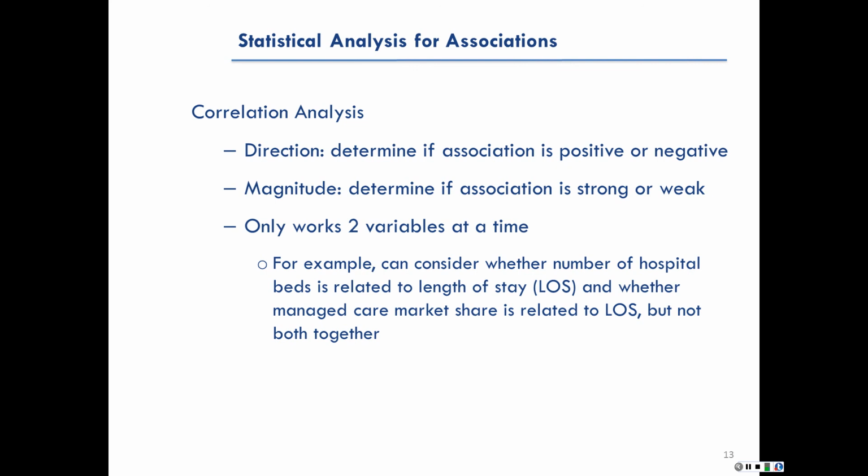This lets us determine if the association is strong or weak. Correlation analysis only works with two variables at a time. For example, we can only consider whether the number of hospital beds is related to length of stay, or whether managed care market share is related to length of stay. But we couldn't consider both of those scenarios together, because that would mean involving three variables.